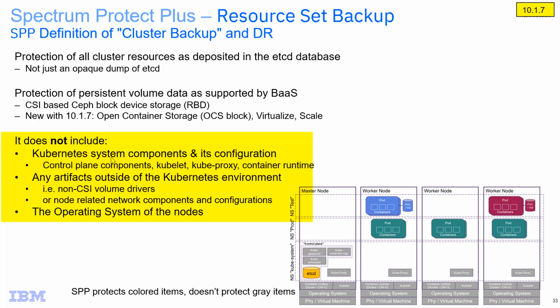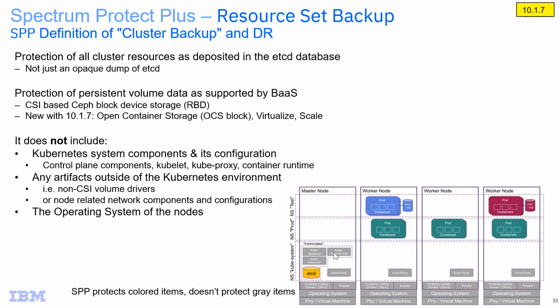This is like the control plane components, or the kubelet, the kube proxy, or the container runtime. It's not going to be any of the artifacts that are outside of the Kubernetes environment, for instance, non-CSI volume drivers or node-related network components and configuration. And it's also not going to be the operating system of the nodes.